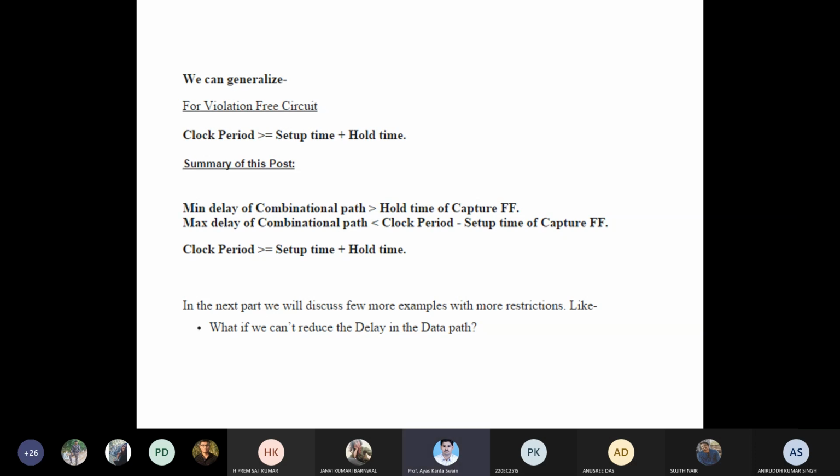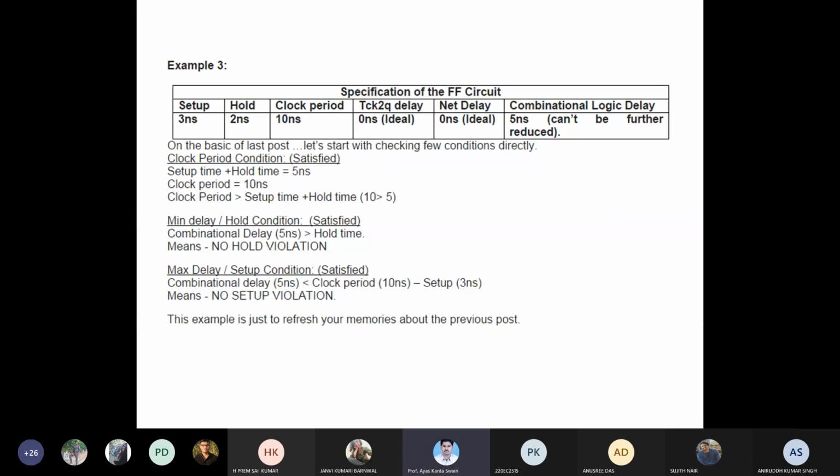Okay, so now the next example. Setup is 3, hold is 2, clock is 10, which is more. Now here we are taking a condition where the combinational logic delay is 5 nanosecond, and the constraint is it cannot be further reduced, so you have to take 5 nanosecond minimum.